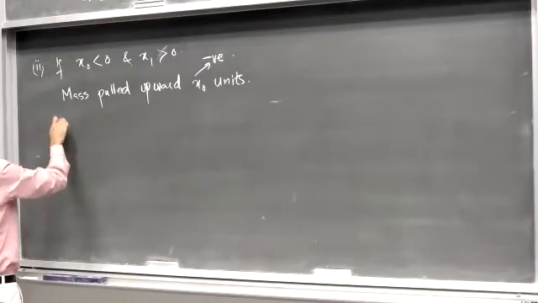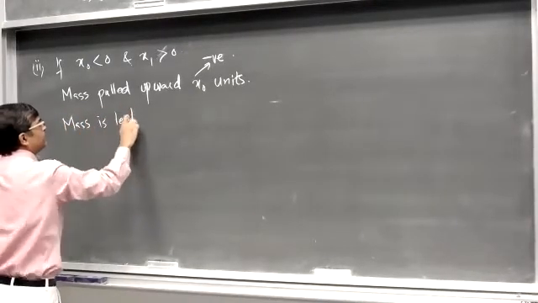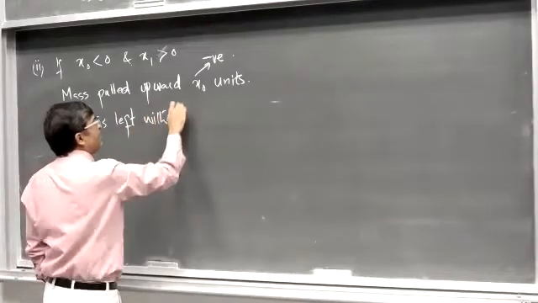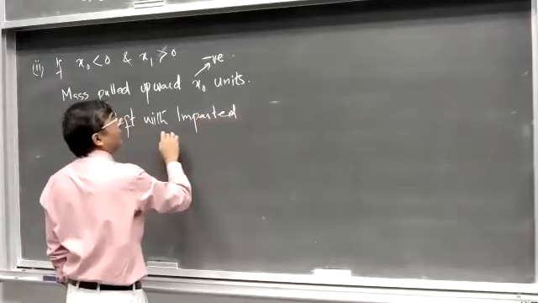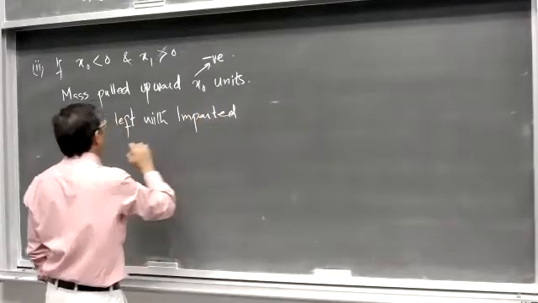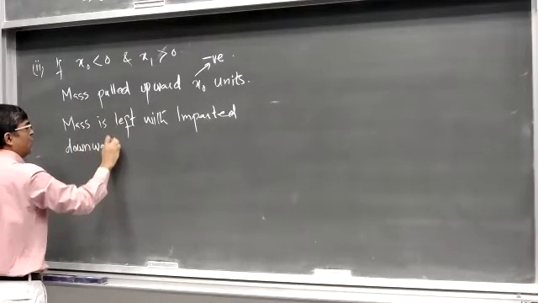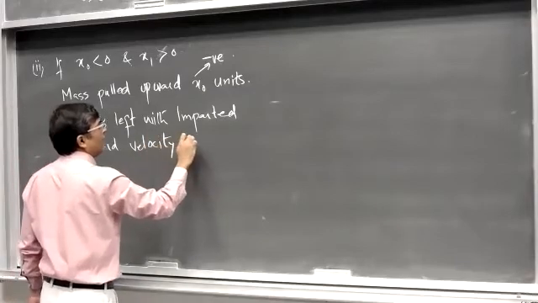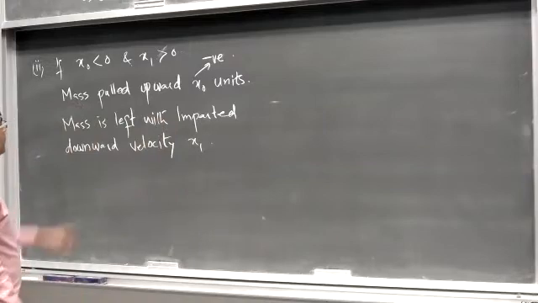And the second thing is the mass is left with an imparted downward velocity x1. So this is what you have to remember here.